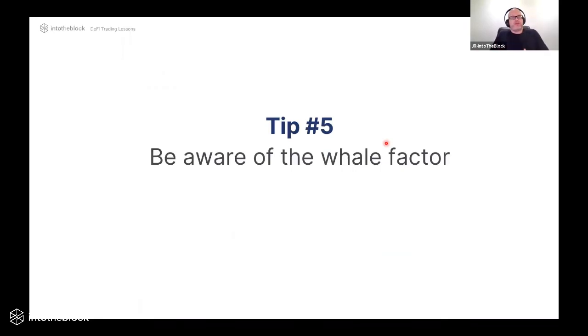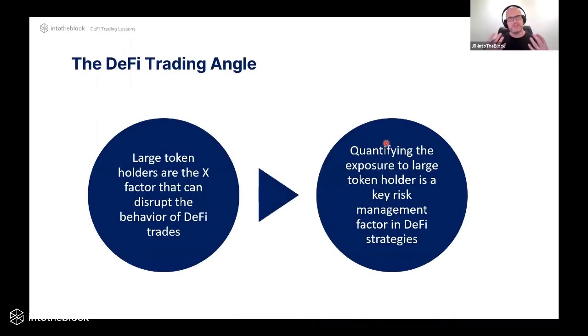Now, there are many risk conditions in DeFi. One that I found to be one of the most difficult to deal with, and one that can kill positions, is whale exposure. Let's say that you're in a liquidity pool and you're monitoring all sorts of things.